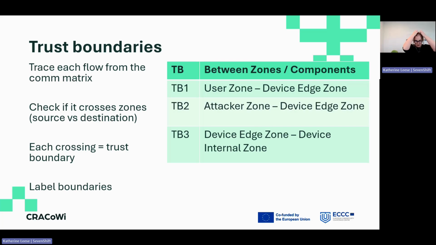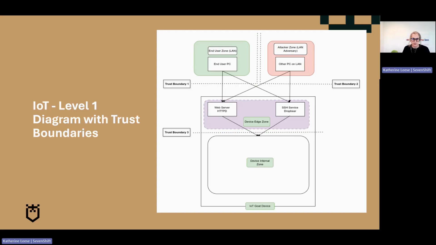These trust boundaries are the points where you would want authentication, where you would want encryption, etc. So we can identify each of these crossings, draw a trust boundary there, and then label our boundaries as well. So I've done this for IoT. You can see we end up with 3 trust boundaries, one between the user zone and the device edge zone, one between the attacker and the device edge zone, and one internal trust boundary between the device edge and the internal zone.